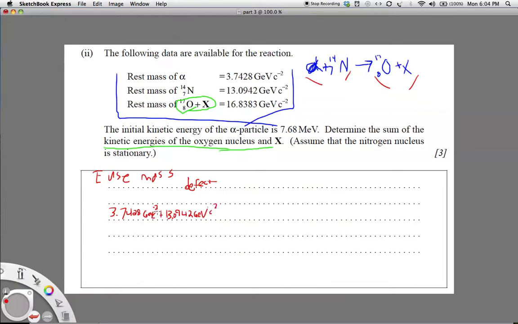When I add that up, I end up with 16.837.